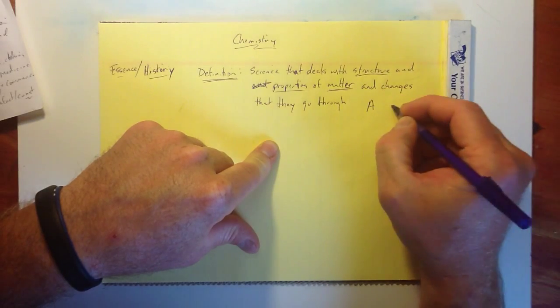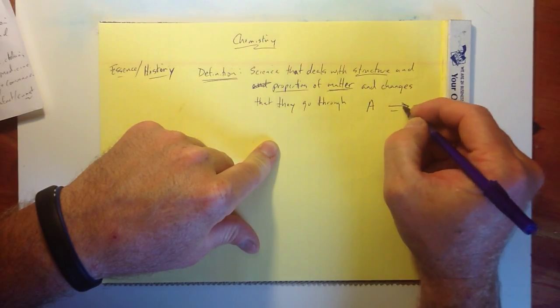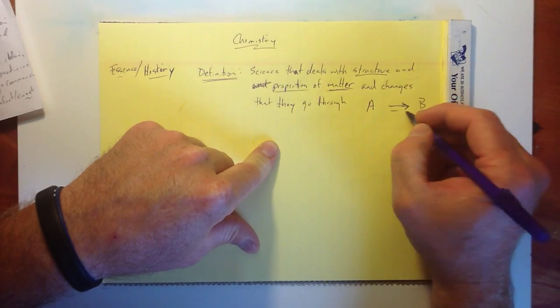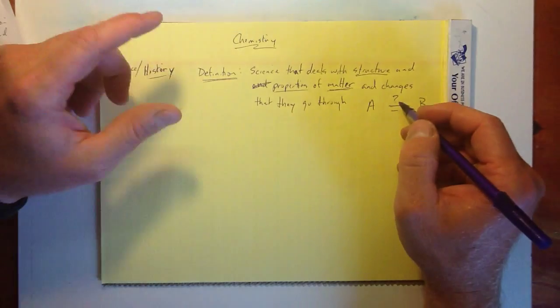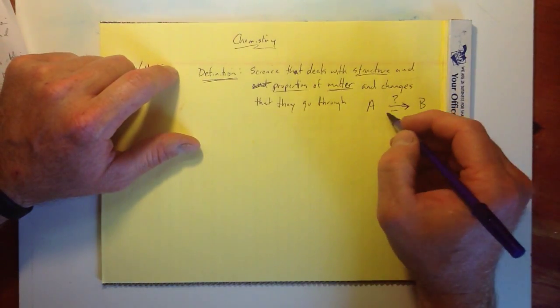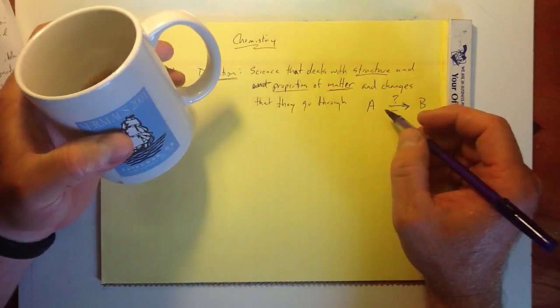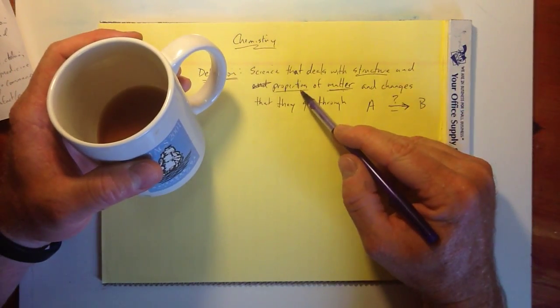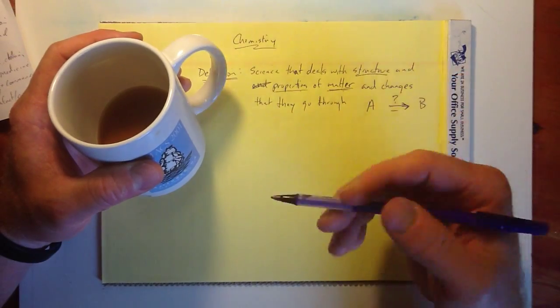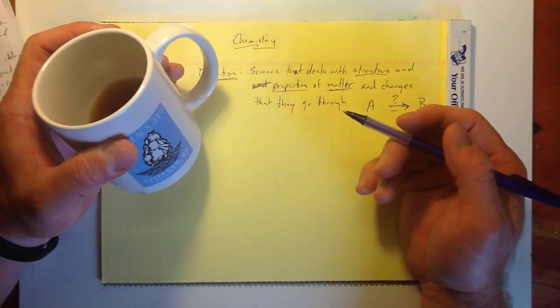So whatever that change might be, we can say A, and here's our change arrow, meaning something's changing, to B here. Whatever is causing that change, whether it be heat, light, addition of water. So for example, if we talk about this matter, my coffee cup, its structure and its properties, we're doing chemistry. We're talking about the chemistry of this coffee cup.